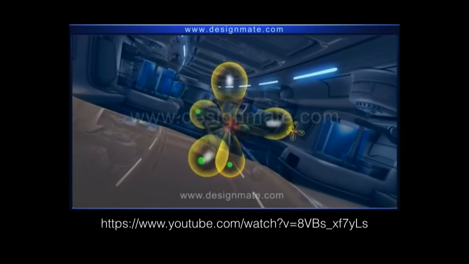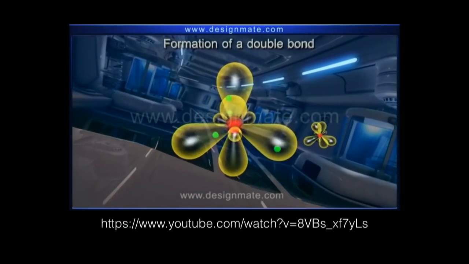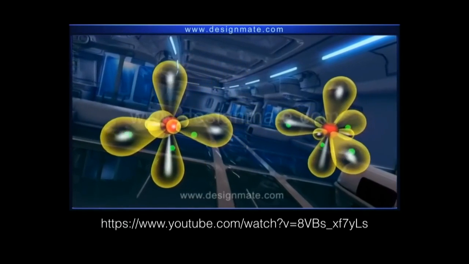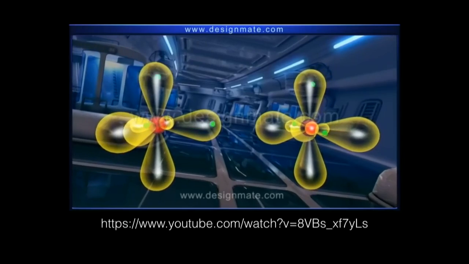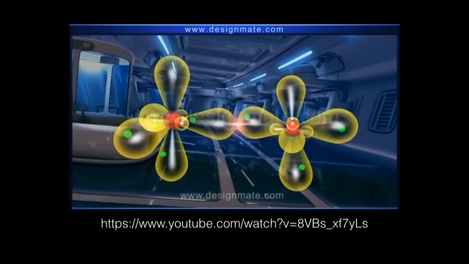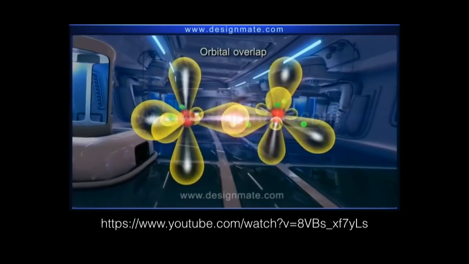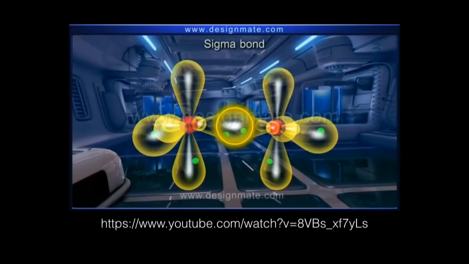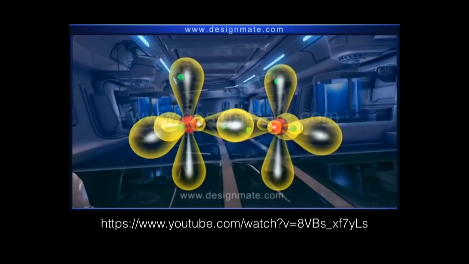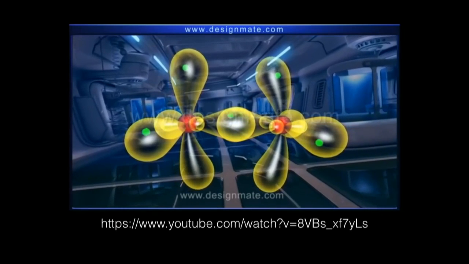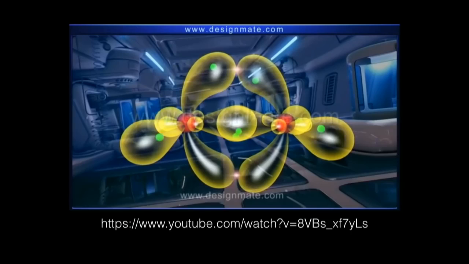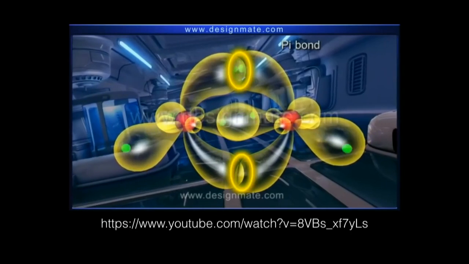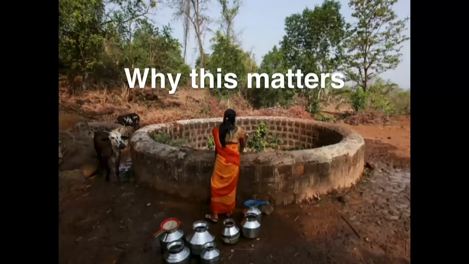Now, let us understand how this hybridized state results in the formation of a double bond. For this, imagine a similar sp2 hybridized carbon atom approaching this carbon atom. As these atoms come closer, an orbital overlap takes place exactly along the internuclear axis. This bond is called a sigma bond. At this stage, the unhybridized p orbitals, which lie above and below the plane of the sigma bond, also come very close to each other and overlap laterally, resulting in the formation of a pi bond between the two carbon atoms.